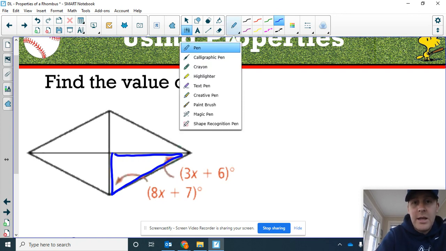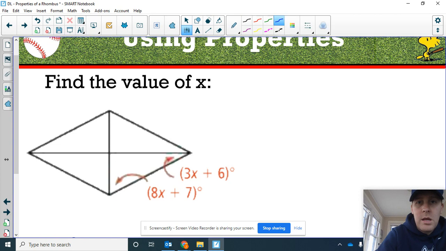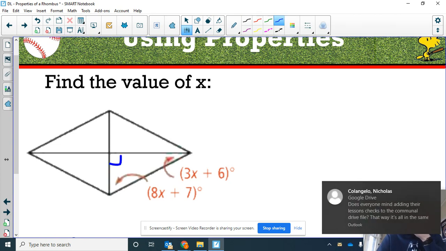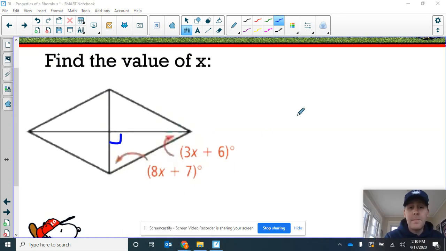So I'm going to go ahead and just erase this. Erase that really quick, just so it's not too messy. And we'll put in my right angle mark. Okay. So now we can go ahead and set up an equation having all of these add to 180.